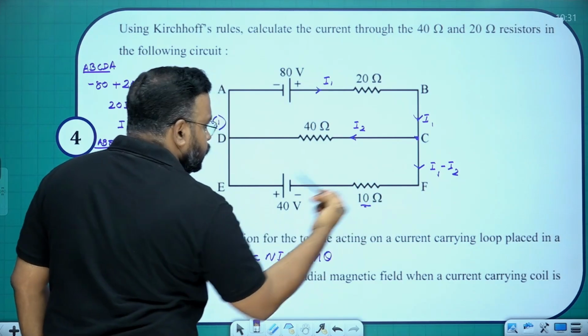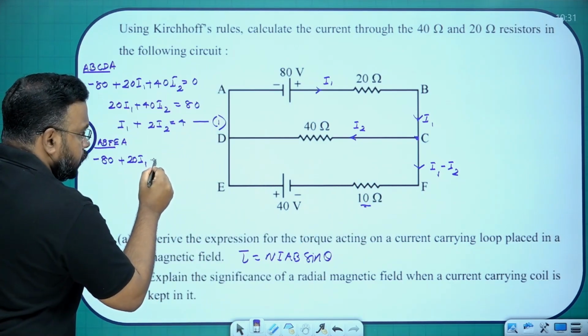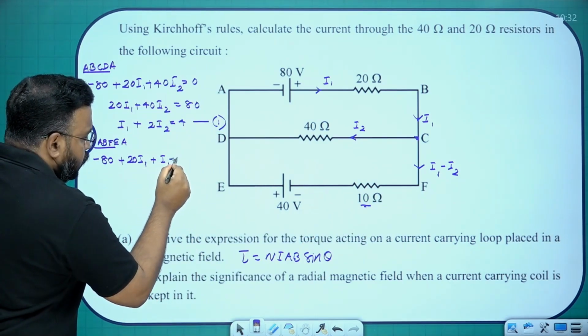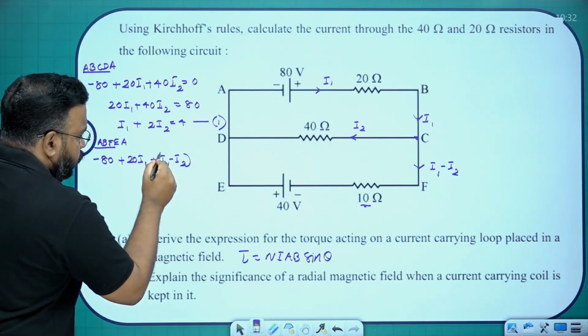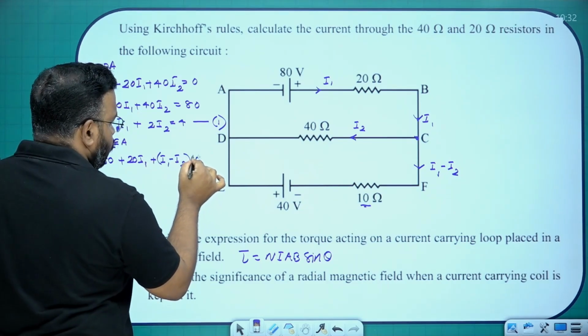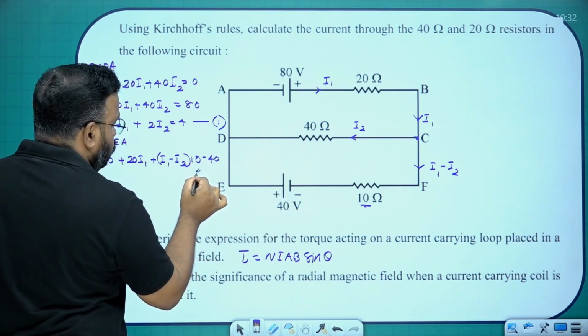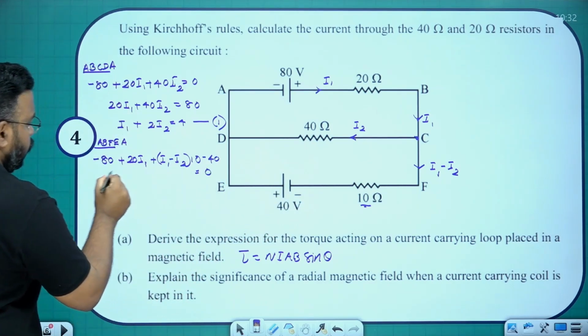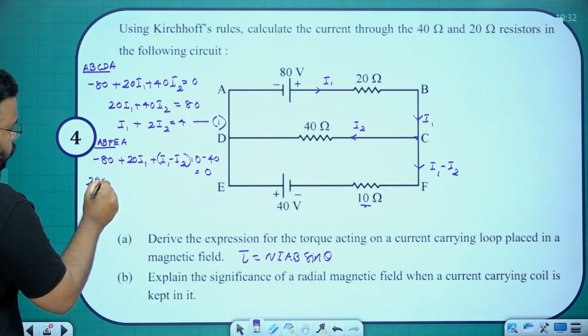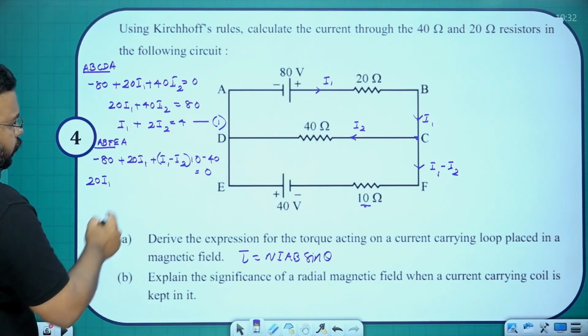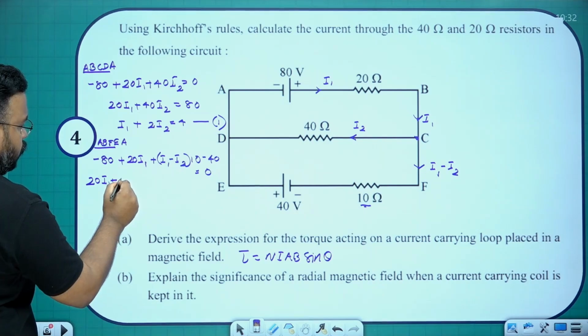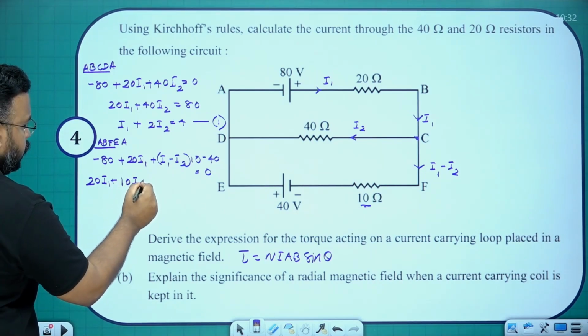Here resistance is 10, current is I1 minus I2. So plus I1 minus I2 into what? 10, minus 40, because EMF is negative here, so minus 40 is equal to 0. So I can expand it, I get 20 I1 plus what? This one is 10 I1 minus 10 I2.